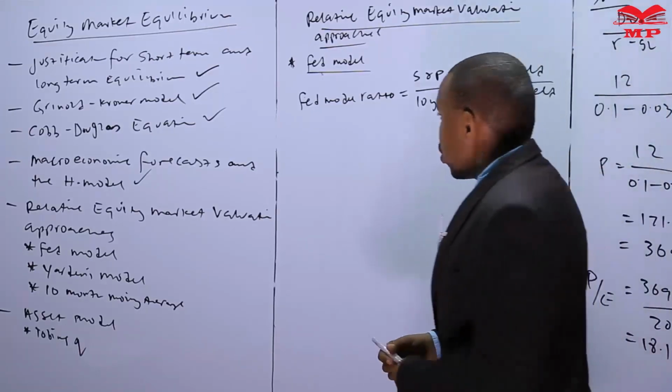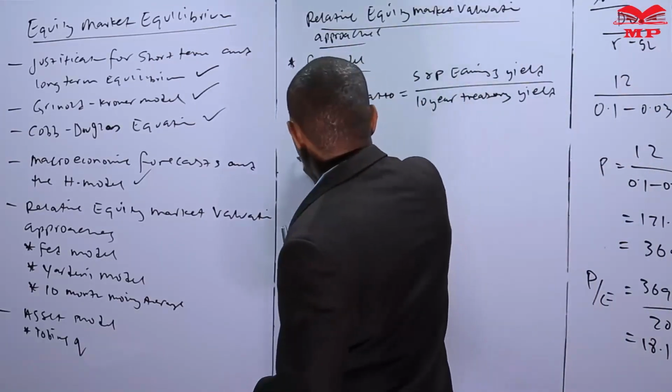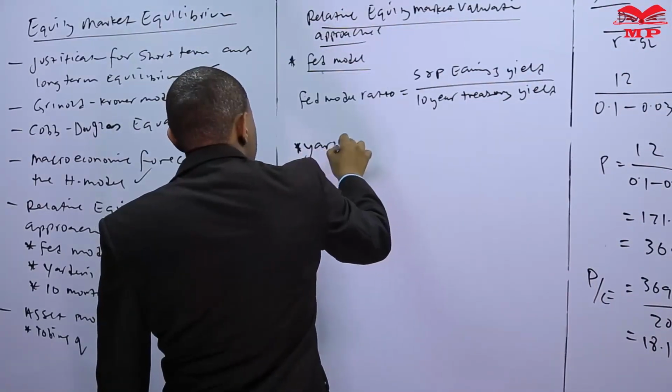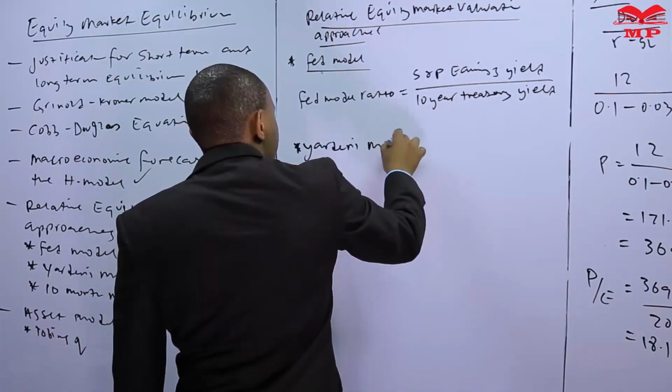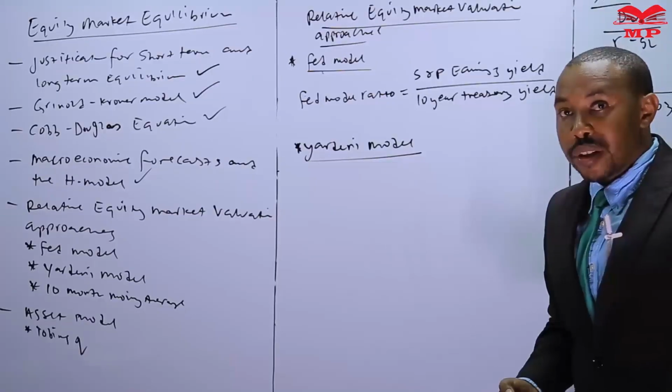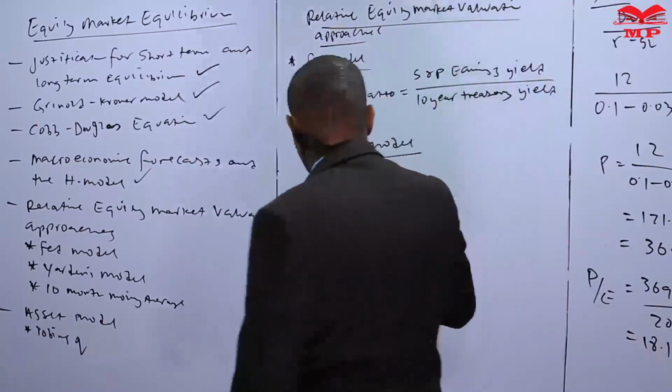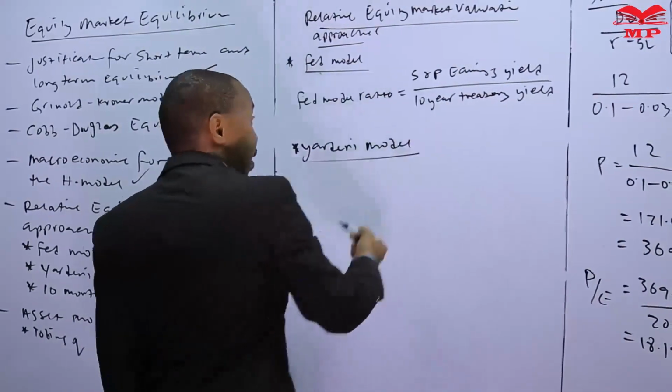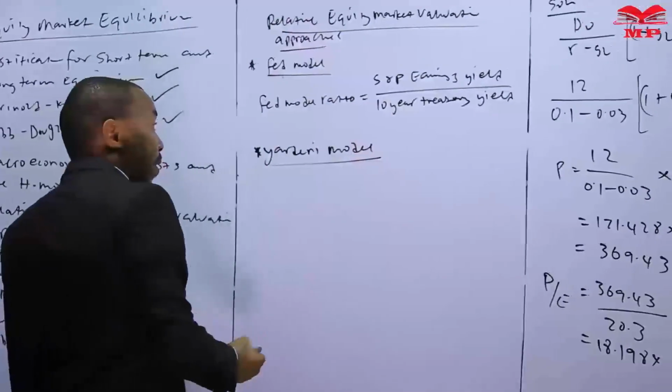Now, moving on, we look at the Yardeni model. The Yardeni model incorporates a component of risk, but it's still based on the earnings yield as specified by the Fed ratio.